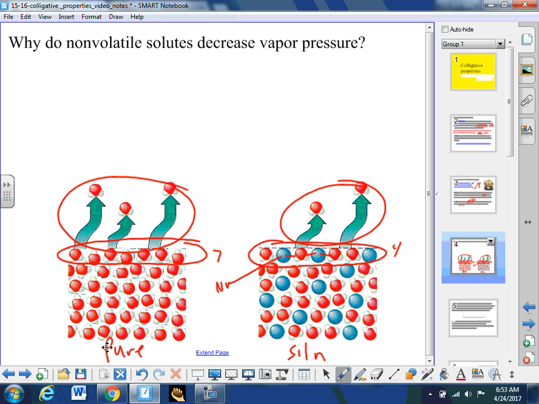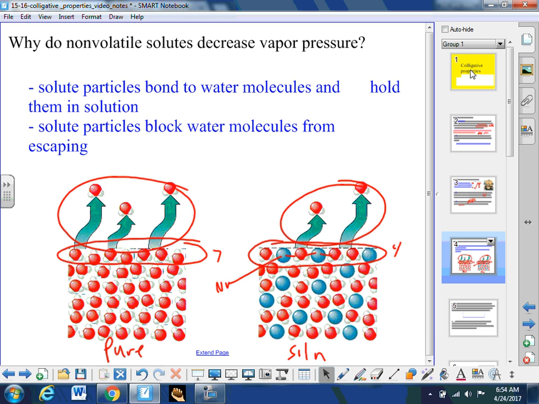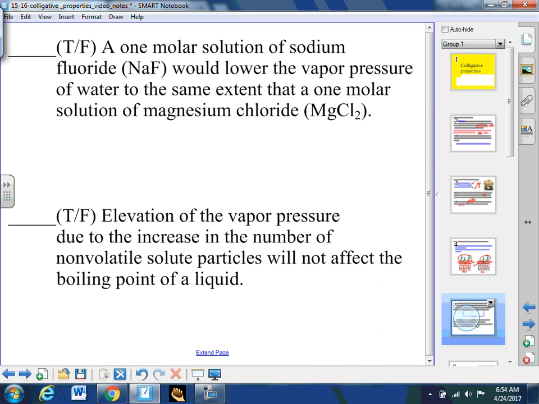And if they themselves cannot escape, that means the water is less likely to escape. So to summarize that, the solute particles are going to bond to the water molecules, holding them in solution. And then by occupying some of those surface positions, those solute particles are also going to block the water molecules from escaping. So 2 reasons you need to know why non-volatile solutes decrease the vapor pressure.